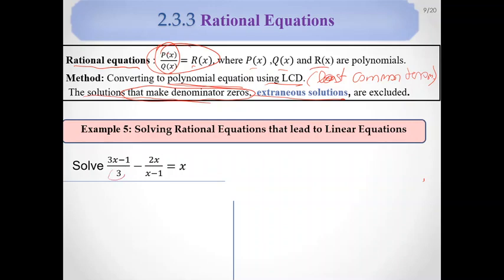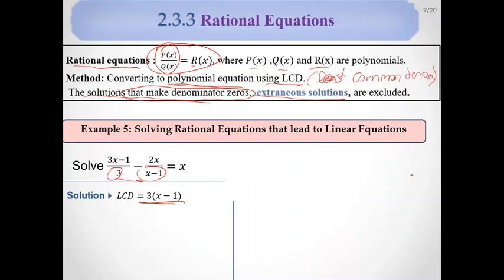We don't want these here, so how can we get rid of them? By using LCD. What is the LCD of 3 and x minus 1? There's nothing common between them, so directly the least common denominator is 3 times x minus 1.